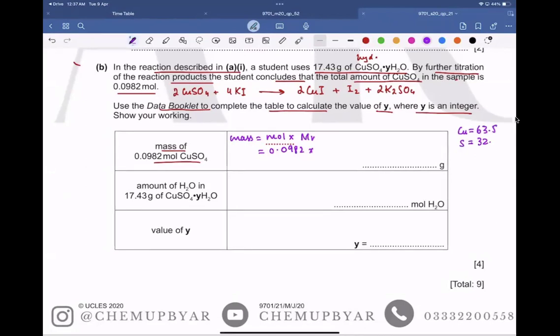So can anyone add them and tell me the answer, please? It's 159.6. Okay, thank you, Shri. So 159.6 multiplied by 0.0982. Can anyone tell me the answer when we multiply these two, what we will get?